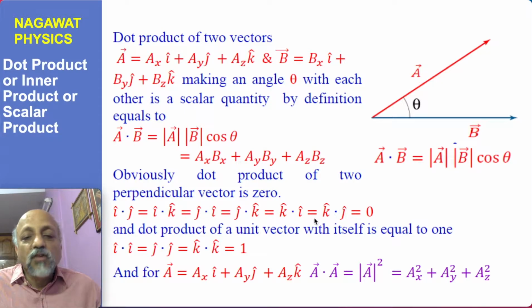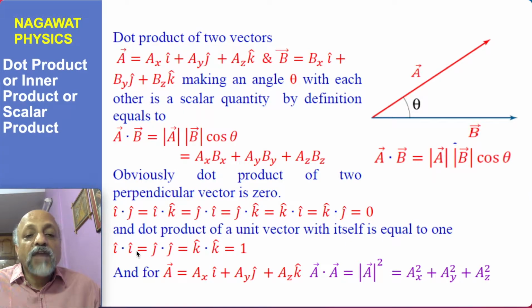So these 6 combinations of dot product out of i, j, k will have a 0 value because, although the two vectors involved are unit vectors, cosine of theta is involved in the definition and the angle is 90 degrees.